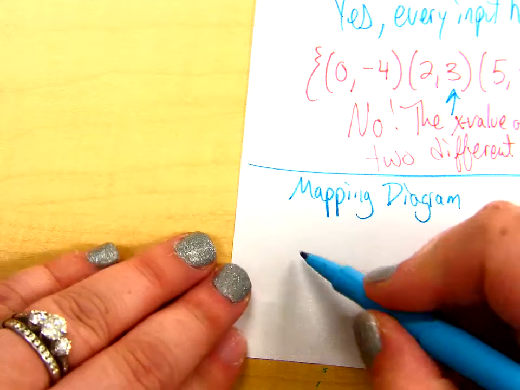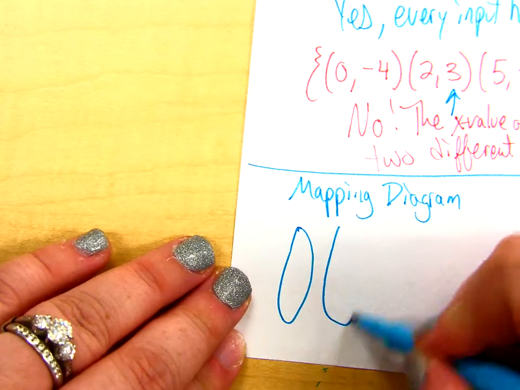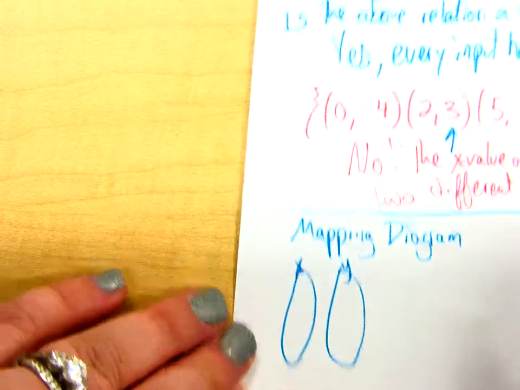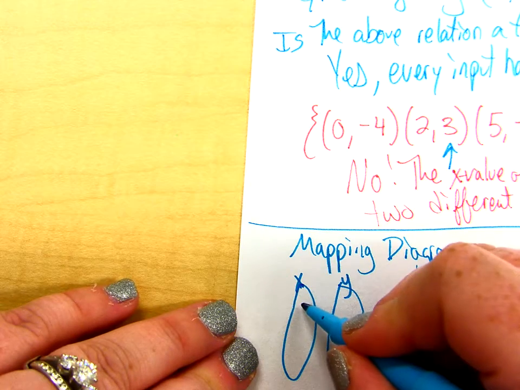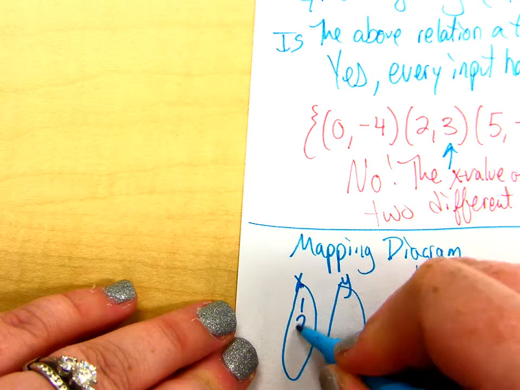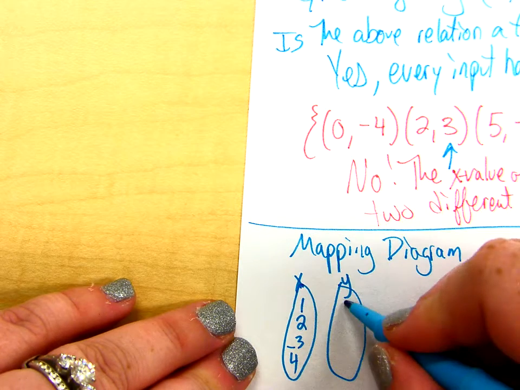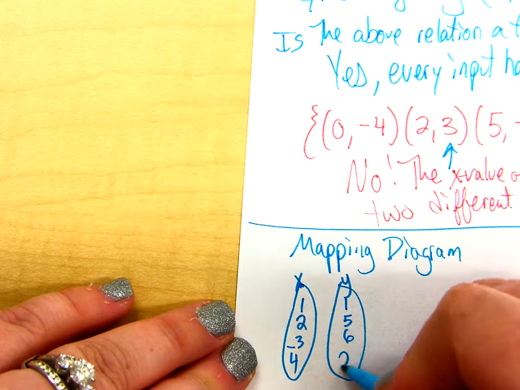So check out how cool this is. You just have one bubble that's your x values and one bubble that's your y's. And then all the x's in there were what? I had 1, 2, -3, and 4. And the y's, I had 1, 5, 6, and 2.